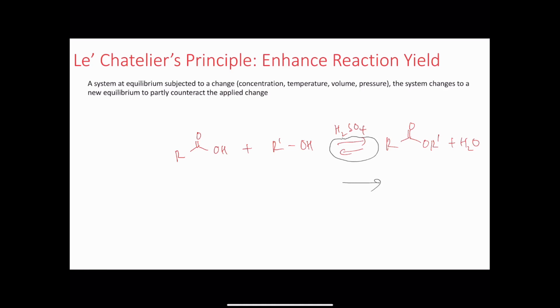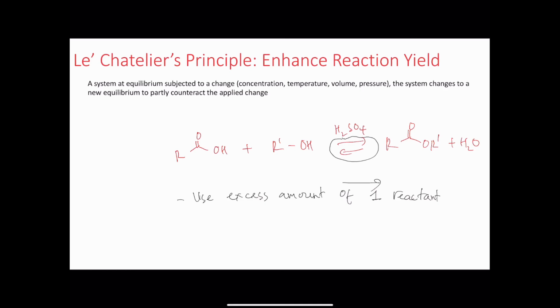So one way we can do that is to use an excess amount of the starting material. Okay, so we use an excess amount of one reactant. Make sure we just use an excess amount of just one reactant. Remember, just one reactant.